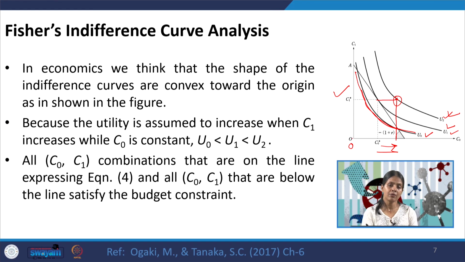All C0, C1 combinations that are on the line expressing equation 4, that is the budget line, and all C0, C1 that are below the line satisfy the budget constraint. So, basically, this is the feasible set, this is the area which the consumer can consume.